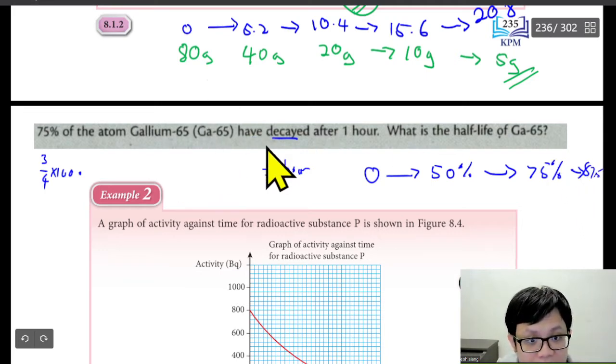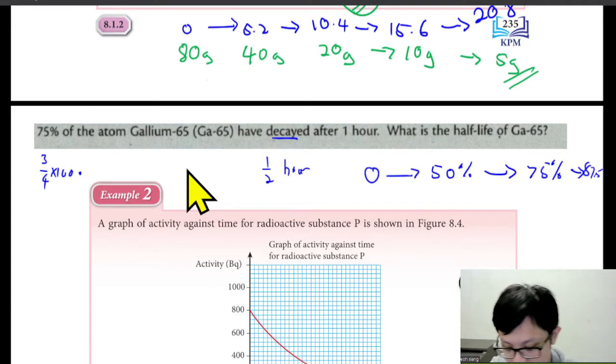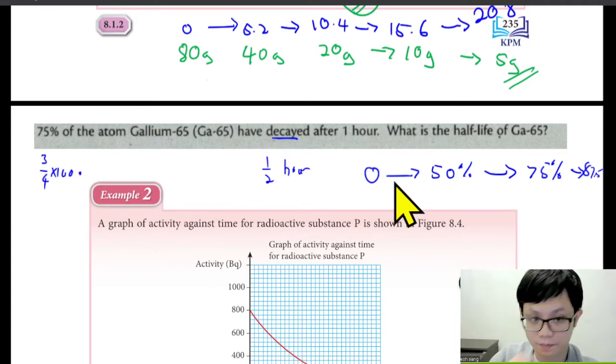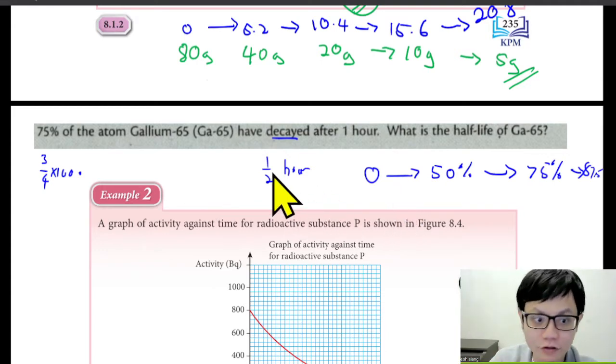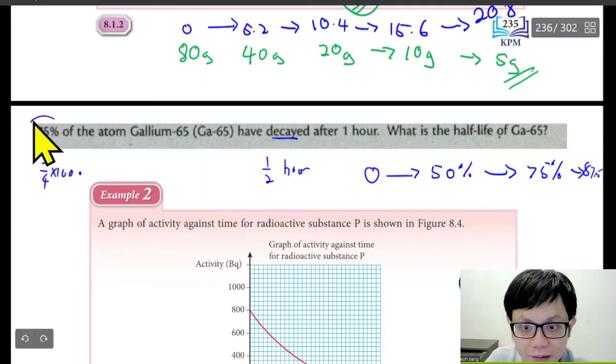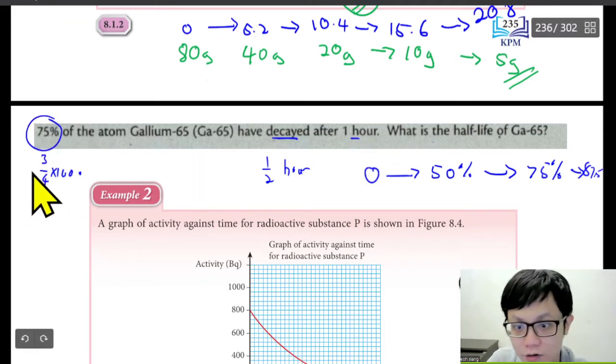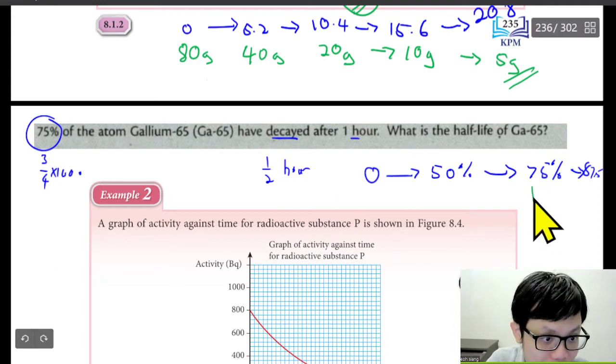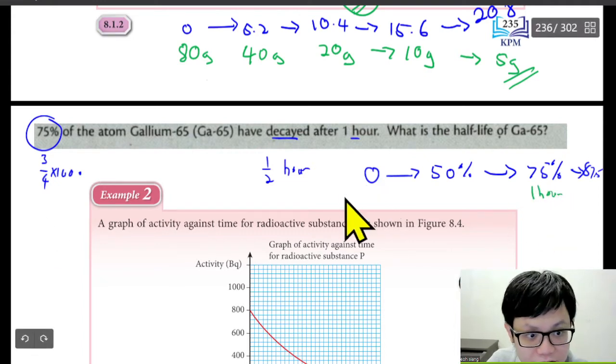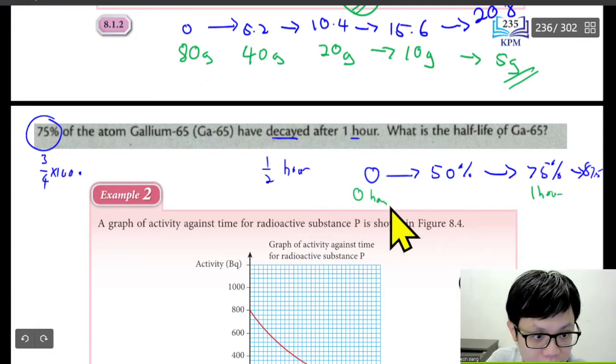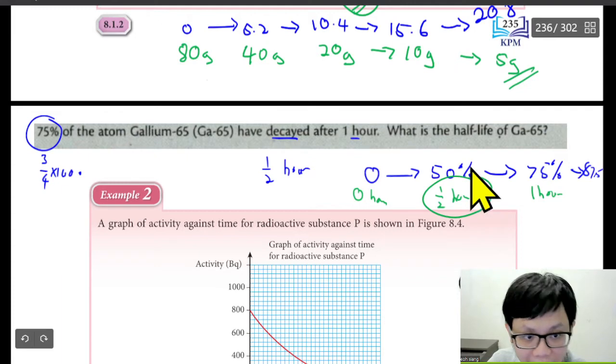But here the question says only 75% is 1 hour. So here is 1 hour, here is 0 hour, here is half an hour. So the answer is half an hour.